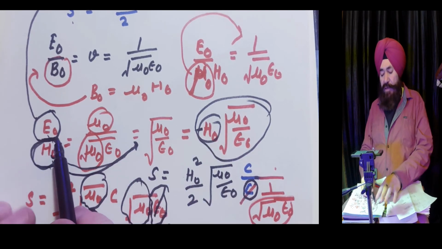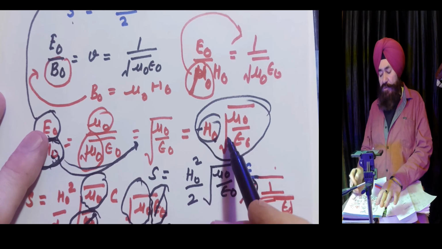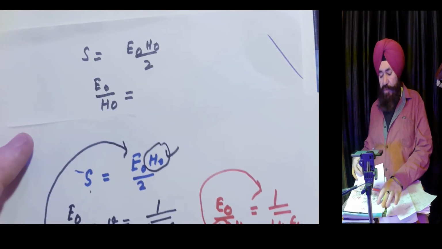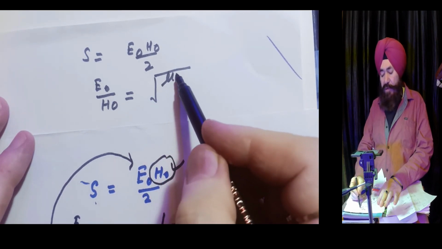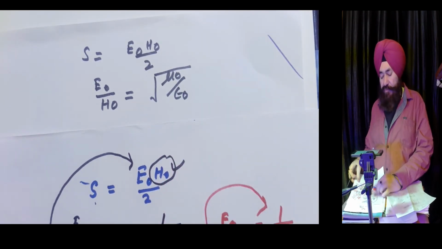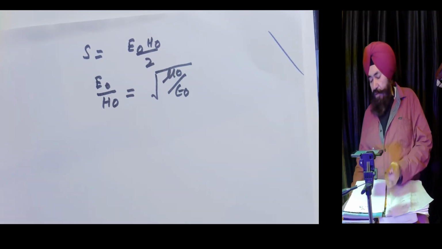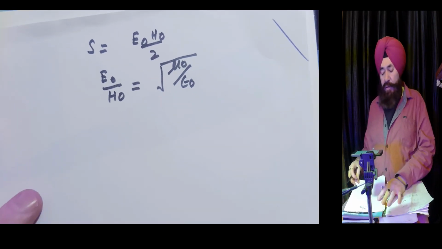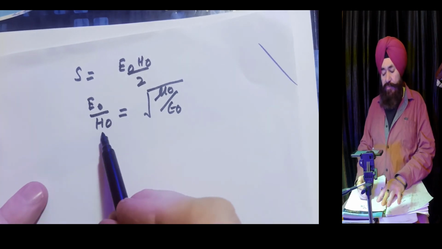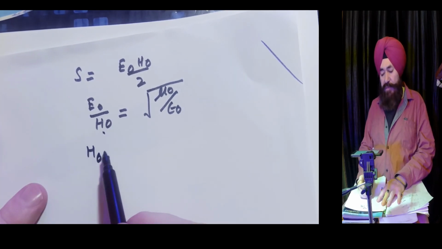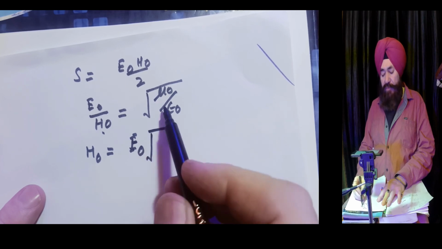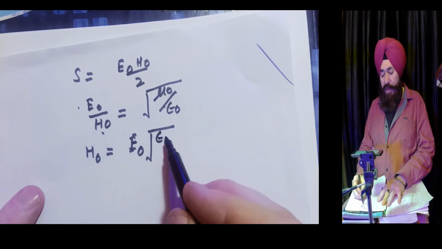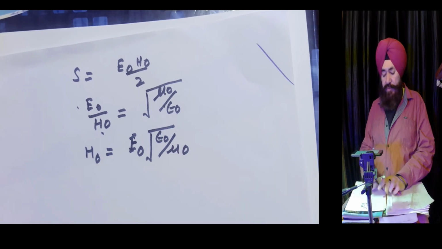Okay, so here E naught equals to H naught and root of this. So E naught over H naught is under root of mu naught upon epsilon naught. Now from here H naught becomes E naught under root of this taken to this side, epsilon naught upon mu naught.